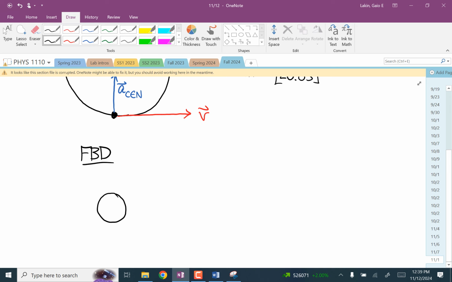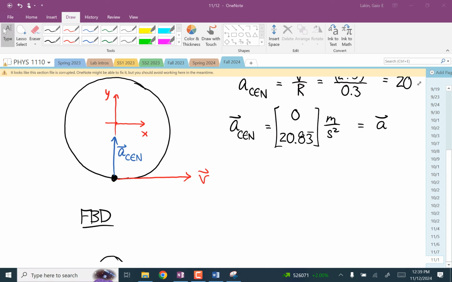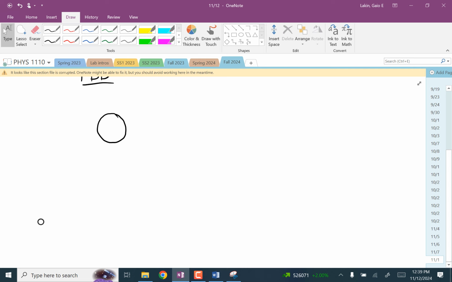Since we don't have a way to represent that in this coordinate system, that just doesn't go into our calculations. Sometimes you'll see people represent forces like this with symbols, like a circle with a dot in the middle. That represents the point of the arrow coming out towards you.